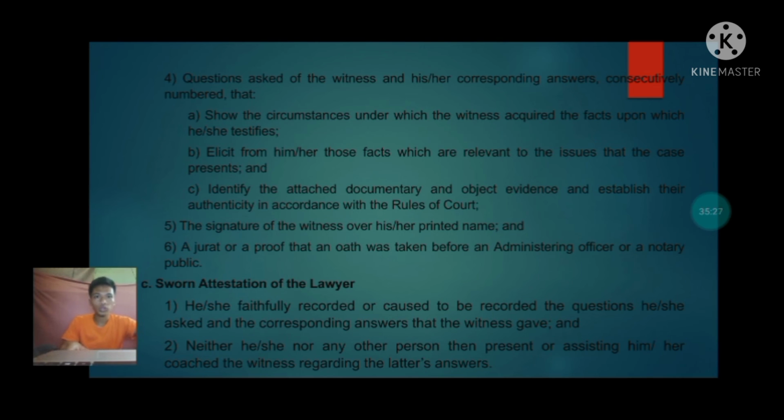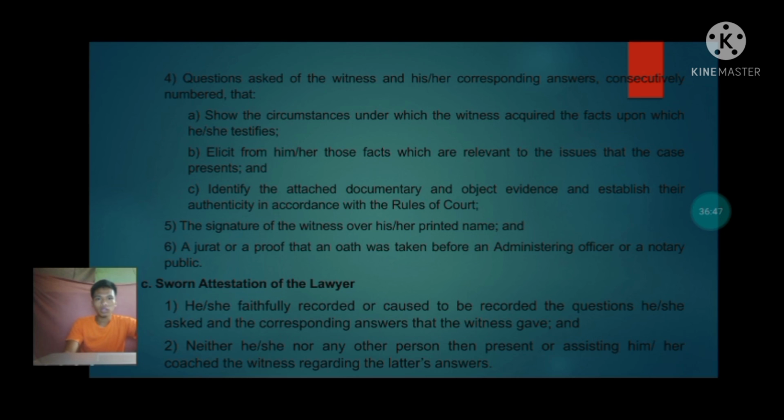Number 4 is the questions asked of the witness and his or her corresponding answers, consecutively numbered, that: A, show the circumstances under which the witness acquired the facts upon which he or she testifies; B, elicit from him or her those facts which are relevant to the issues that the case presents; and C, identify the attached documentary and object evidence and establish their authenticity in accordance with the rules of court.